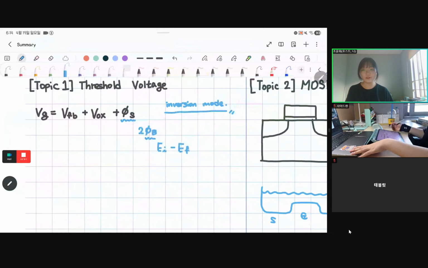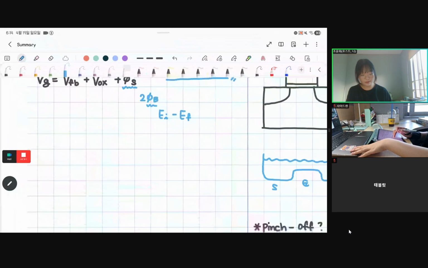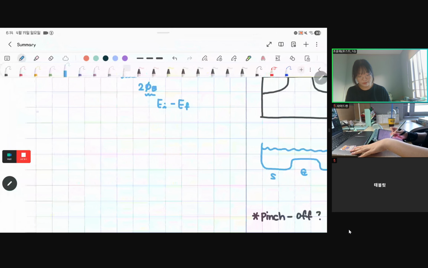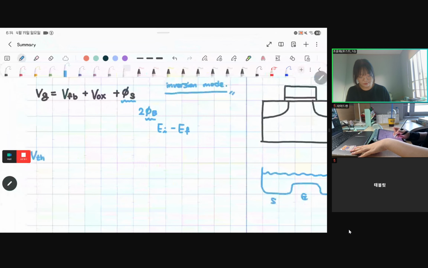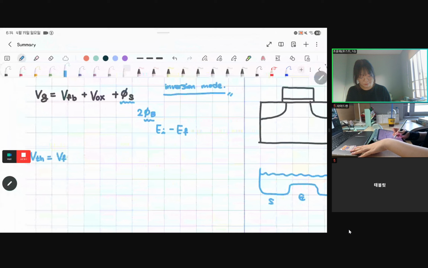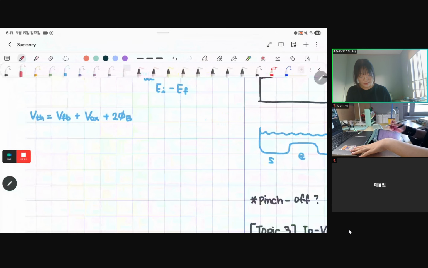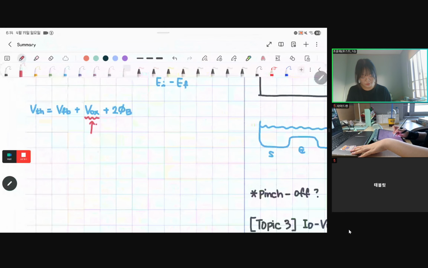As a result, we can define the threshold voltage as flat band voltage plus oxide voltage plus 2 phi B. And we can define this oxide voltage like this.